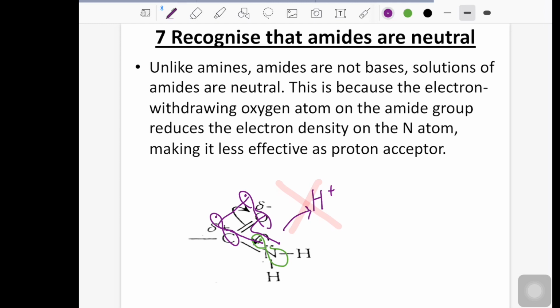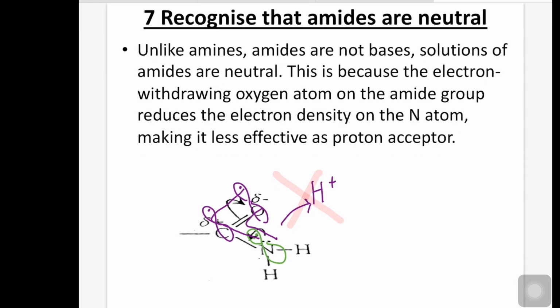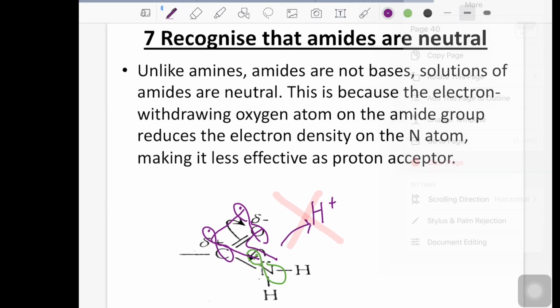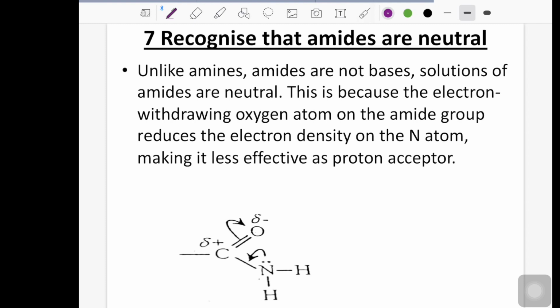Another argument that they have is because oxygen is an electron-withdrawing atom. So what happens is the electrons from the carbon bond and from the carbon-nitrogen bond, even the lone pair of the nitrogen, are being pulled away by the oxygen. So the oxygen in a way is pulling the lone pair of electrons away.